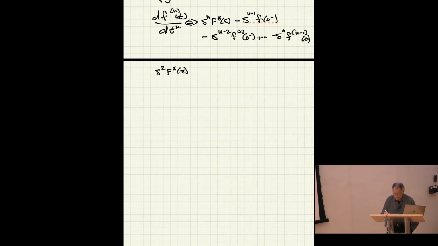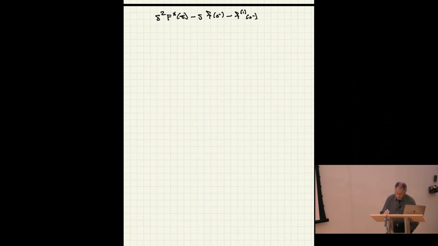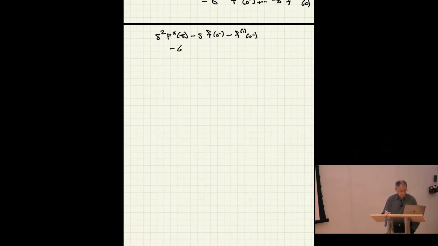I'm going to take away s times f of 0 minus the first derivative of f at 0 minus. And then the next term in the equation was 6 times the first derivative, minus 6. So I'm going to get minus 6, and the first derivative is going to give me s f star of s again.